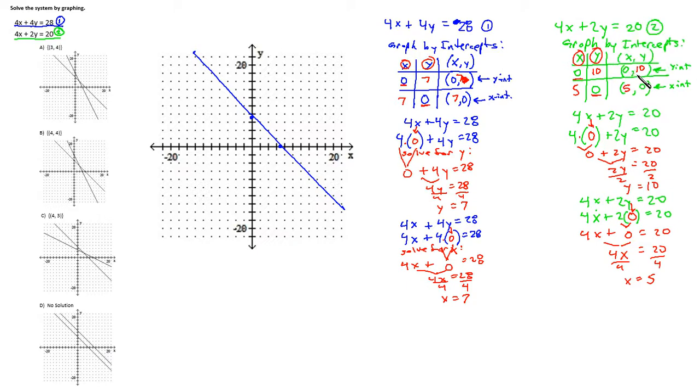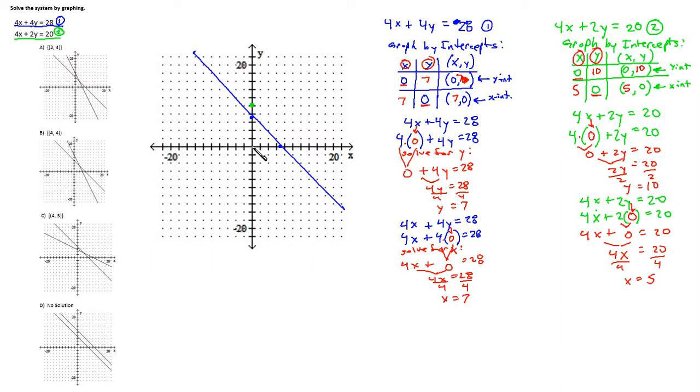So here's 0, 10 for the green line. 0 means for x, don't move left or right at all, go up 10. 2, 4, 6, 8, 10. There's the y-intercept for the green equation, equation 2. Then, for the x-intercept, right 5, not up or down at all.